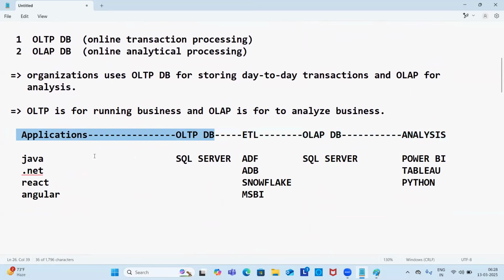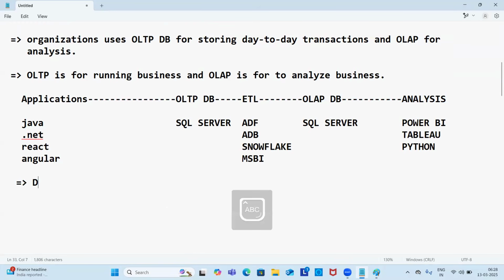In OLTP development they need SQL Server, and in OLAP development they also need SQL Server. That is why database knowledge is important for any application development.